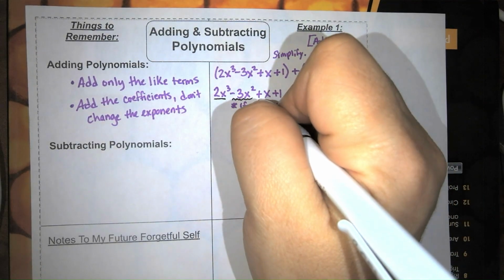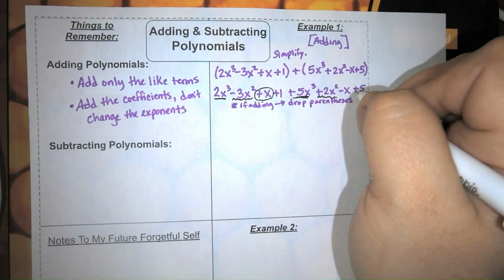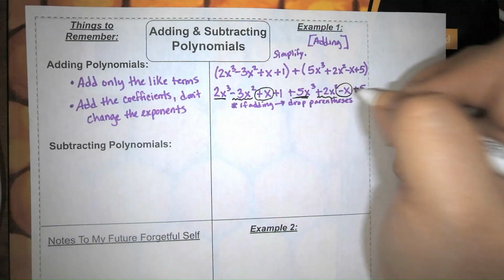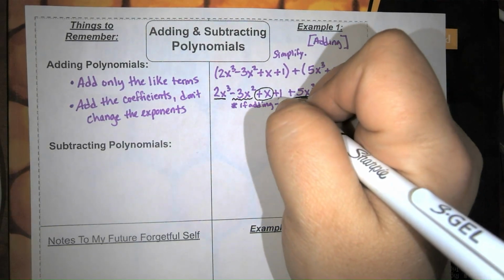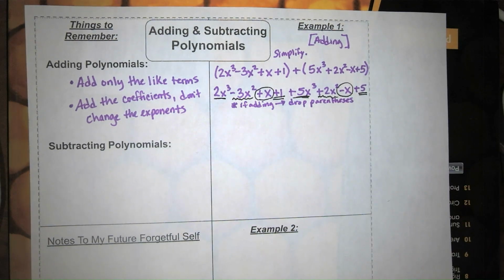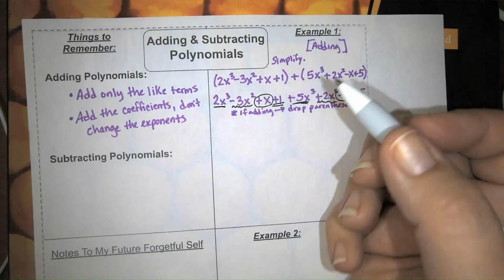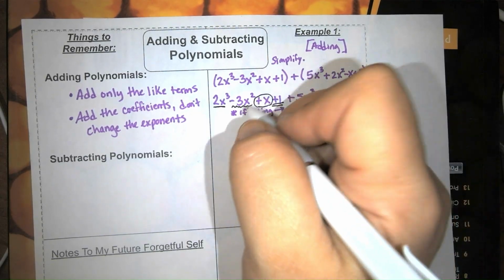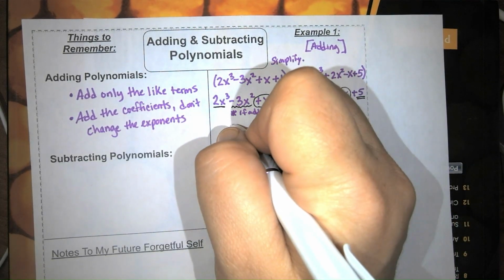You could circle the x term, don't forget to include the sign, and circle this x term with its sign. You could put a double underline underneath your constants to show that those go together. And you can collect those together by looking at them and saying 2x to the third and 5x to the third is going to be 7x to the third.